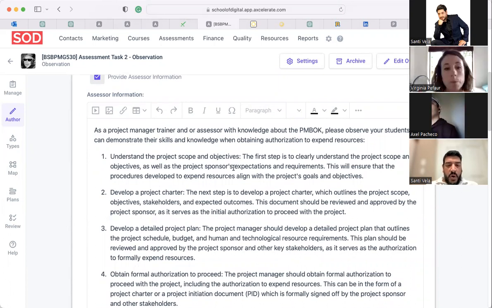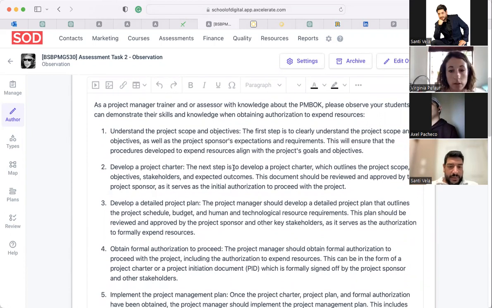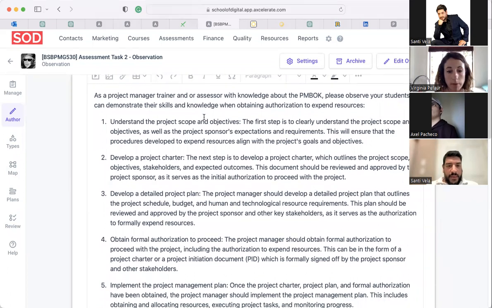What is the project goal or the project objective? It's the main purpose of the project, isn't it? It is the result, the output of it.